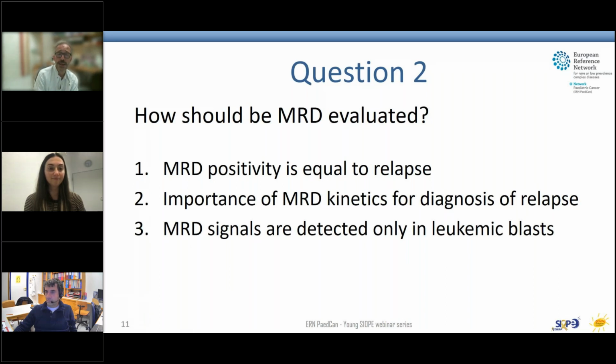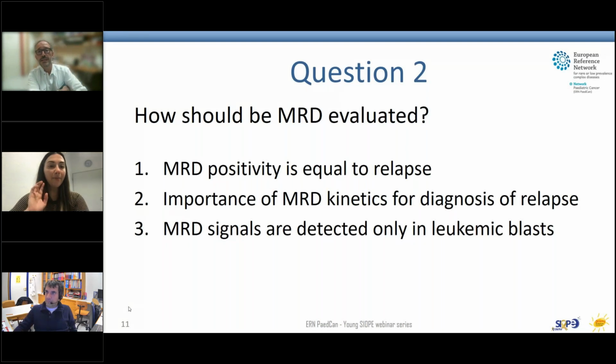We are talking about AML. The situation is completely different in ALL, where there are less maturing cells, less stem cell closeness, like in AML. So please do not mix up this information with the situation in ALL. This is a typical situation for AML, and it's also different in different subtypes of AML.